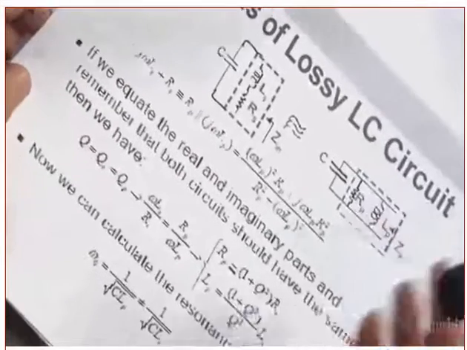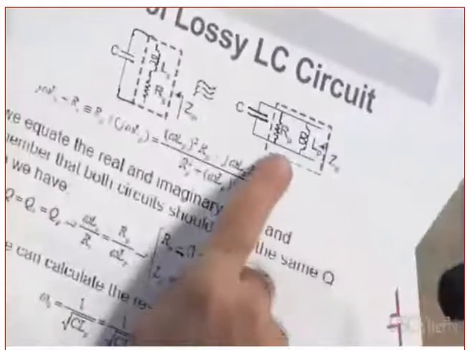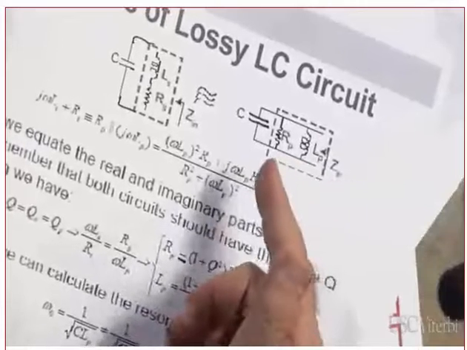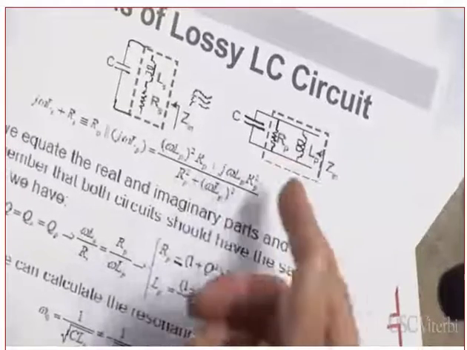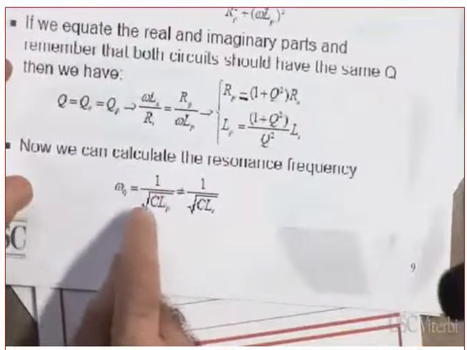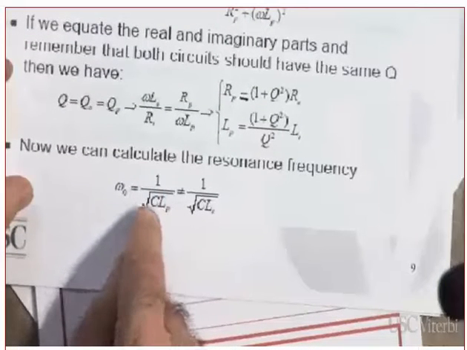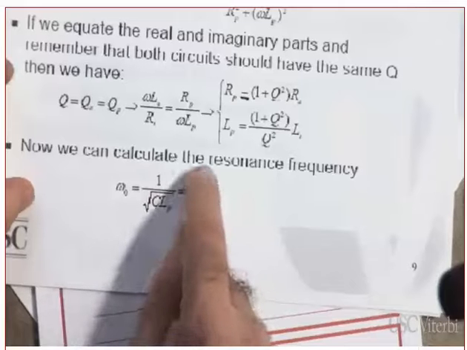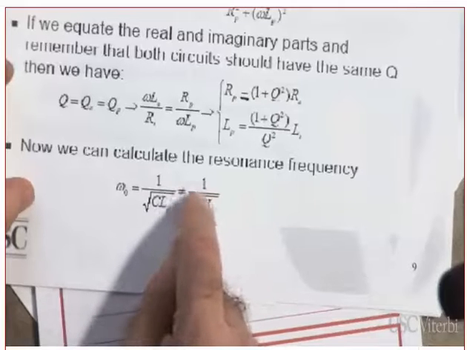No response. Yes or no? Okay. Once you change it into here, can you find the resonance frequency? What is the resonance frequency? It's 1 over the square root of CLP. It is not the same as 1 over the square root of CLS.